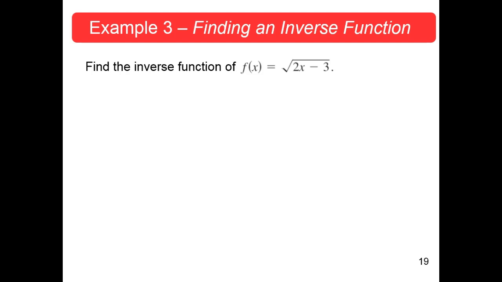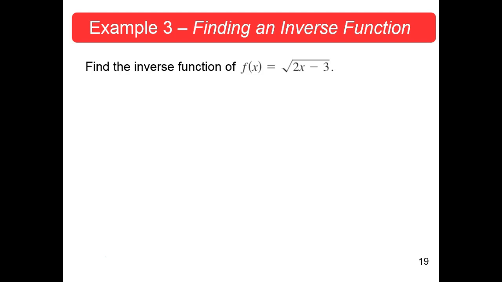Okay, first, is that a strictly increasing function or decreasing? It is strictly increasing because for all values in the domain, which would be for this, 2x minus 3 has to be greater than or equal to 0. So 2x has to be greater than or equal to 3. x has to be greater than or equal to 3 halves.